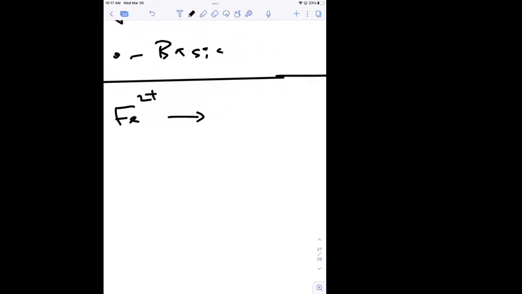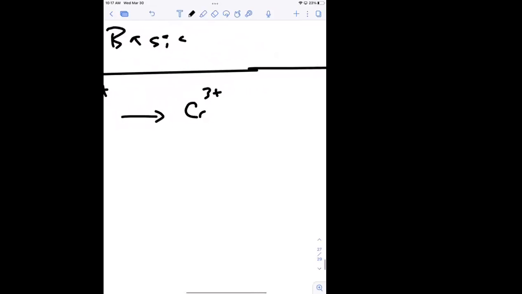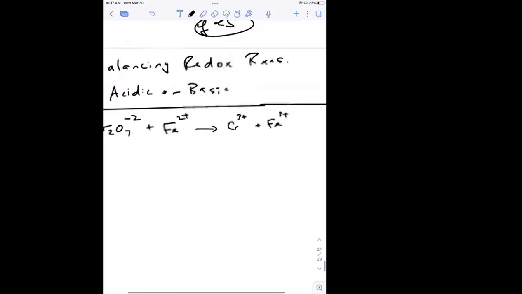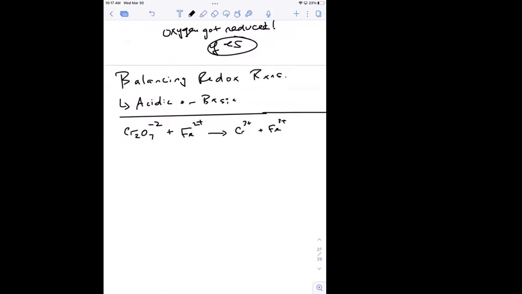And that's going to go to chromium 3+, plus iron 3+. All right. So the question is, what is the net redox reaction for this? How do we show this, right?